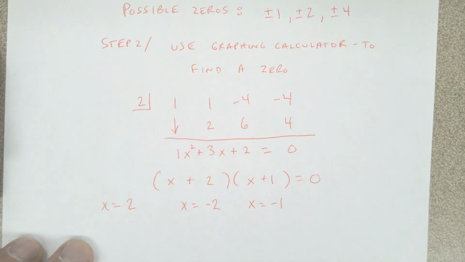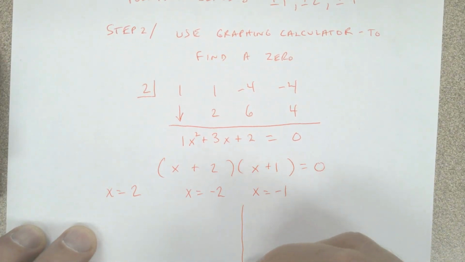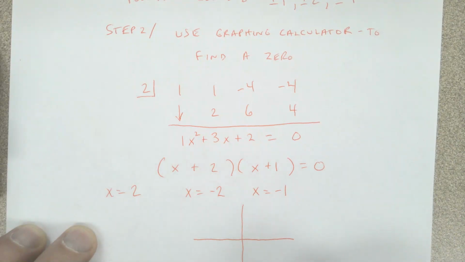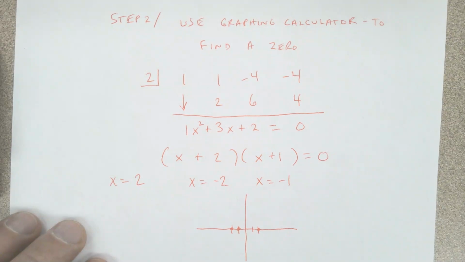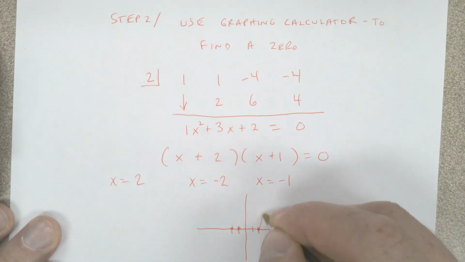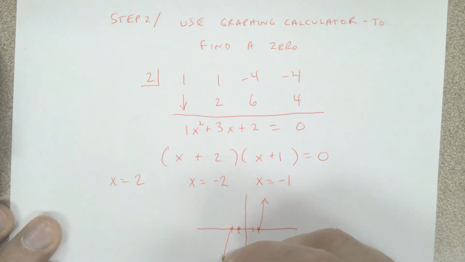Now we can make a rough sketch of what our graph looks like. We know from this that we have zeros at negative 2, a zero at 2, and a zero at negative 1. Because this particular function is odd and positive, we know that it's going to go up here and down here.